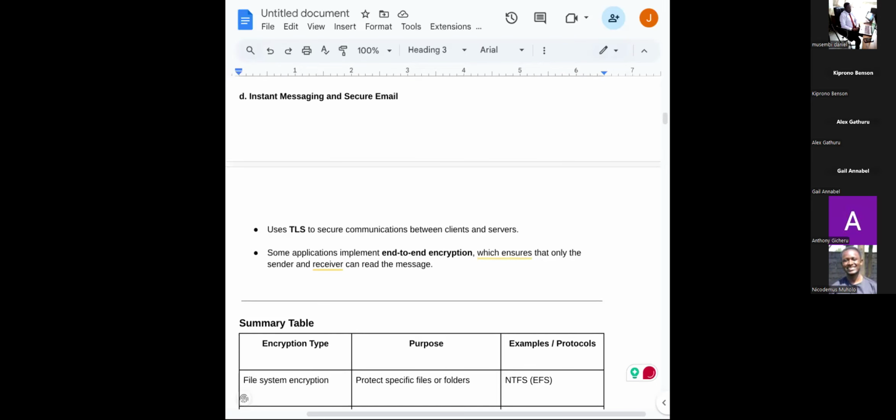So for secure email, I don't know if you guys have set up email. For example, you have your own domain, say www.danielmusembi.com, and with your domain you can create your own emails, say info@danielmusembi.com or help@danielmusembi.com.